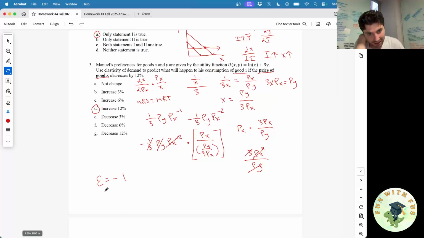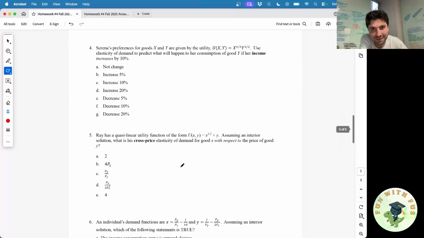And typically elasticity of demand is going to be negative, assuming that the law of demand holds. In a Cobb-Douglas, I think it's going to hold, so I guess I did have to in fact solve that. But yeah, that is how I would do number 3.